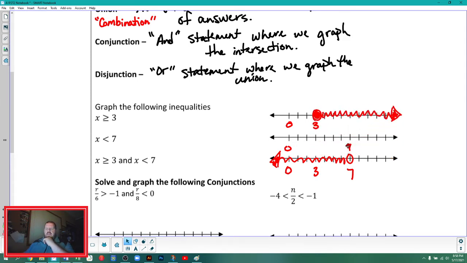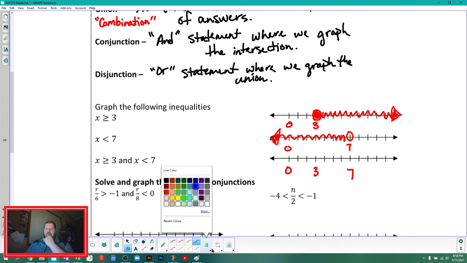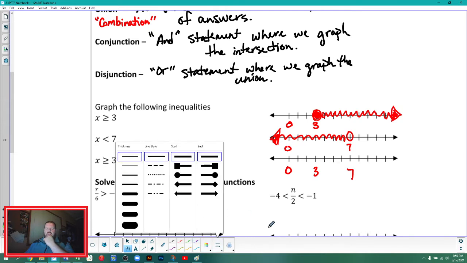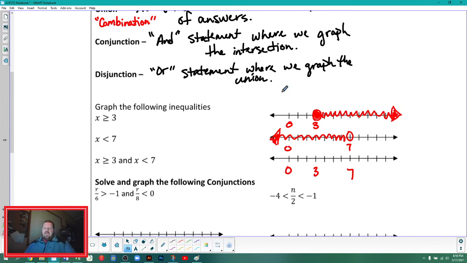So the way I graph the intersection is I literally think about overlapping these two. If I'm thinking about this as scratch work, this is going to be a closed circle and I'll shade to the right, and then an open circle and shade to the left.